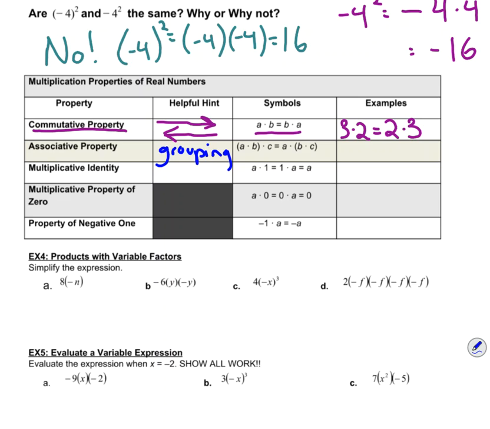Before we do that, the multiplicative identity, A times 1 is equal to 1 times A, which is equal to A, aka multiply anything by 1, you get the same thing. I think I said this before, identity. This is me. Multiply me by 1, I'm still me. Okay, there aren't really any helpful hints I have for the second two properties.